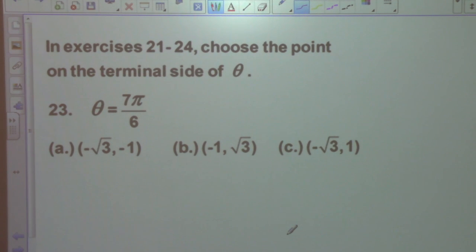A. Why'd you say A? Because they both have to be negative. Yeah, you have to have a negative, negative in quadrant 3, right? So that's it. Good work.